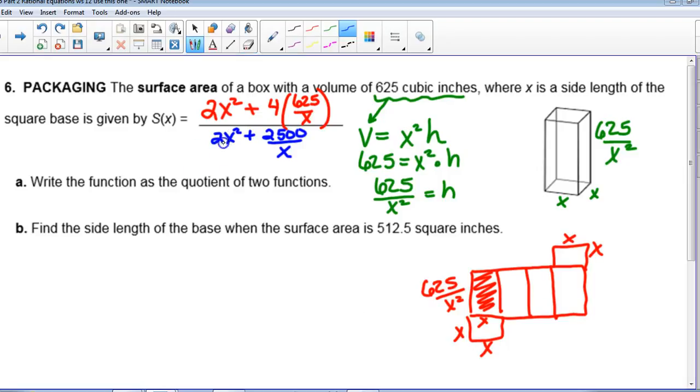So if we multiply this by another x over x, it would now be 2x cubed over an x, right? Plus 2,500 over an x, or all of that over x. Think about that for a second and see if that makes sense. X would reduce into 2x cubed and get 2x squared, and 2,500 divided by x. Are we okay?